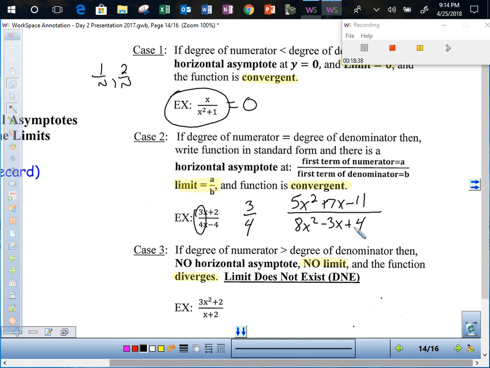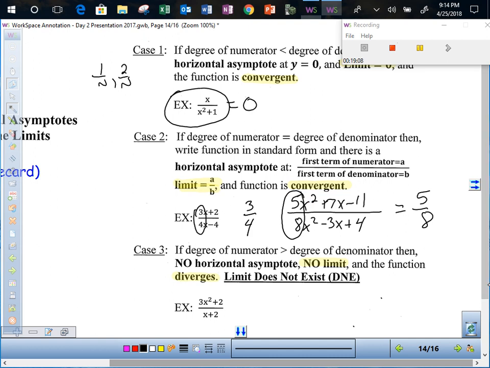What you do is you look at the powers of the leading coefficient. The highest coefficient on the top is a 5, and we get that from the x squared. The leading coefficient in the denominator is 8, so 5/8. Now look at the powers. They're both squared. So this thing is going to approach the number 5/8 as x gets larger and larger and larger.